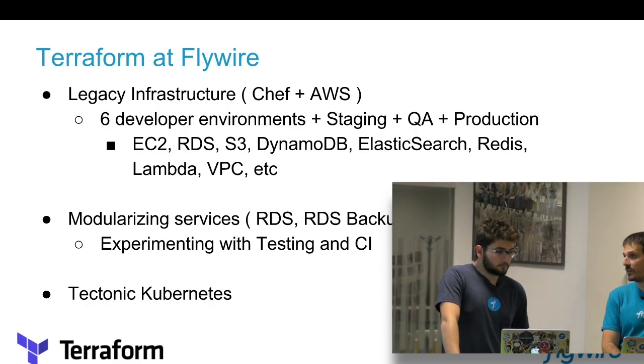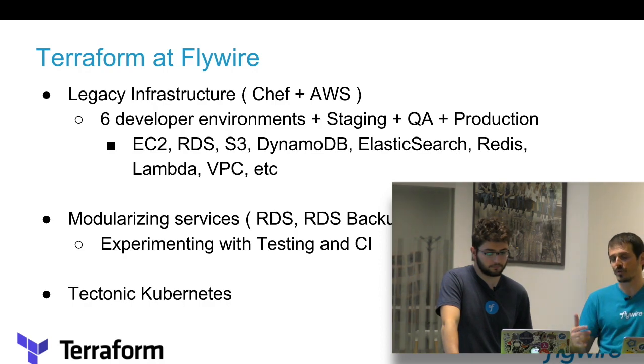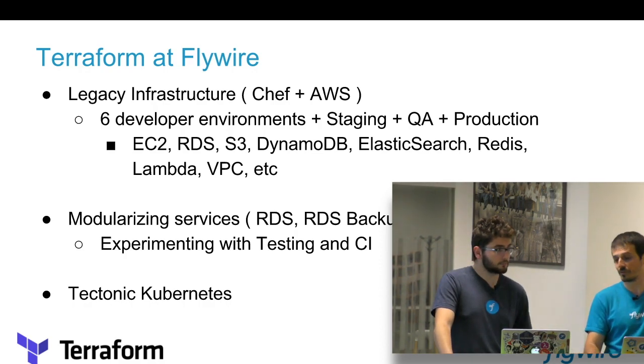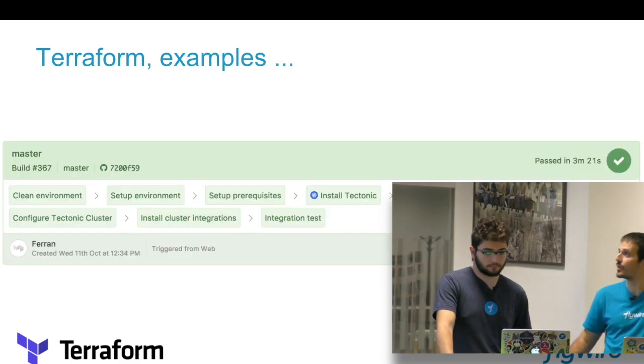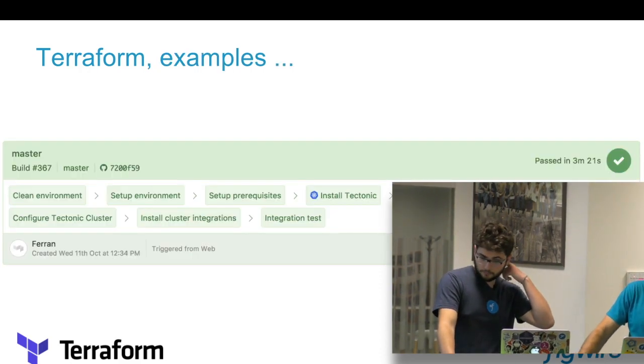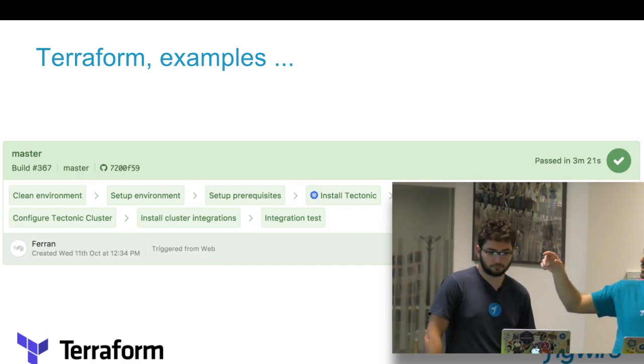And Sumo Logic, yeah, Sumo Logic, and PagerDuty as well. So we have all the infrastructure for this new project in Terraform. You can see here a screenshot of our CI for this cluster. You can see all the steps.